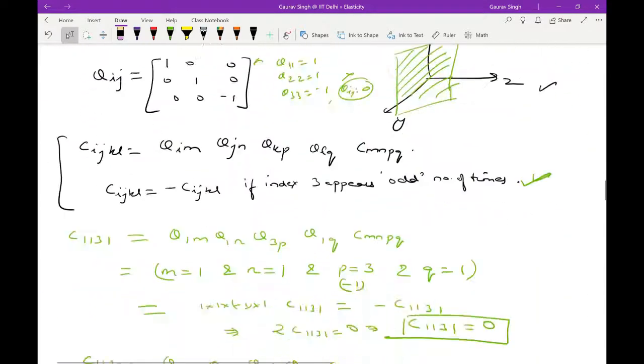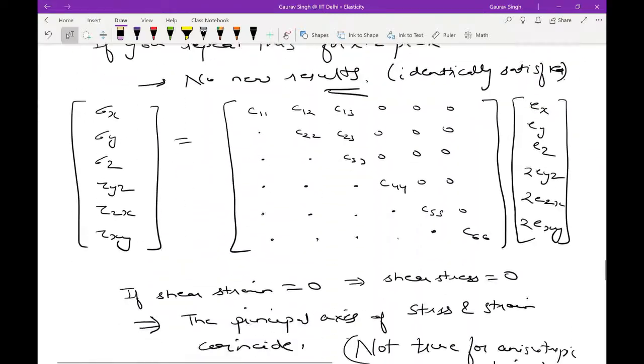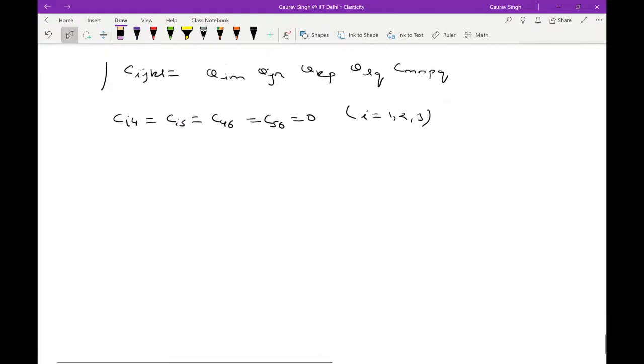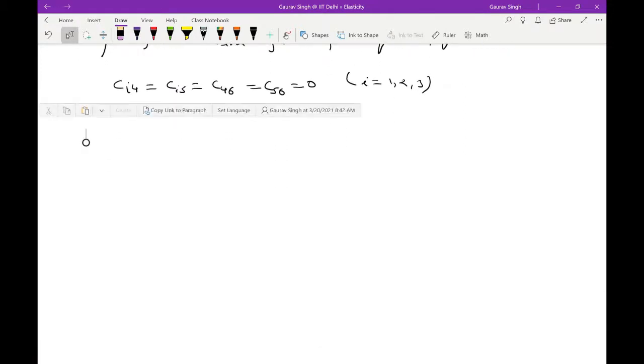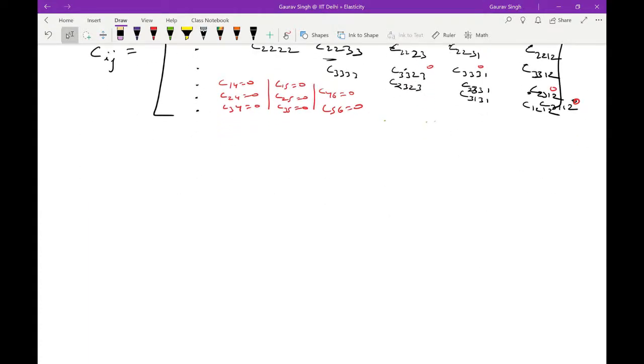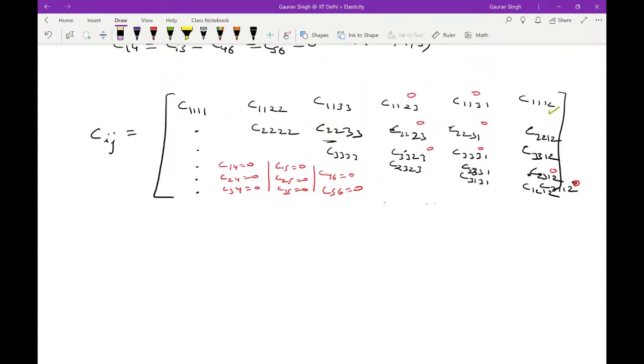Okay, let's see how it looks over here. Okay, good. So let me just remove some of these terms, the red ones.